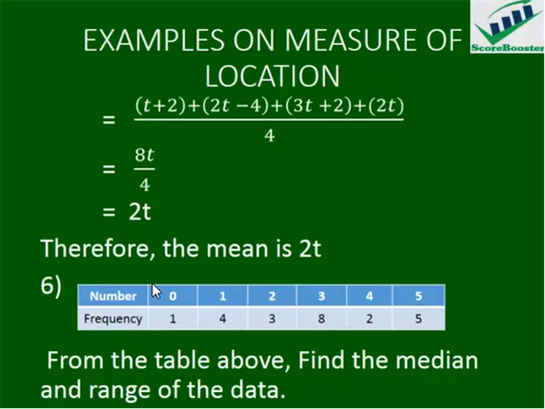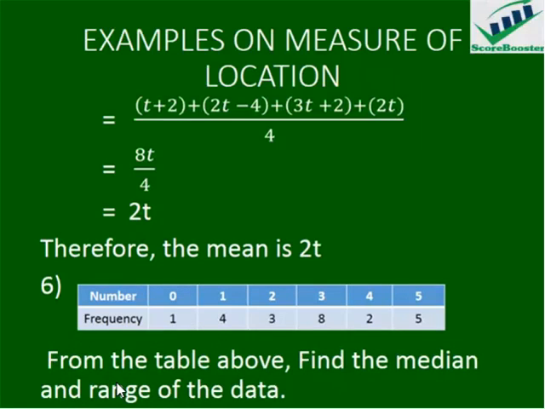That is why we have to put it in a frequency table. So the number 0 occurs 1 time, number 1 occurs 4 times, number 2 occurs thrice, number 3 occurs 8 times, number 4 occurs twice, and number 5 occurs 5 times. That is how to interpret a frequency table.